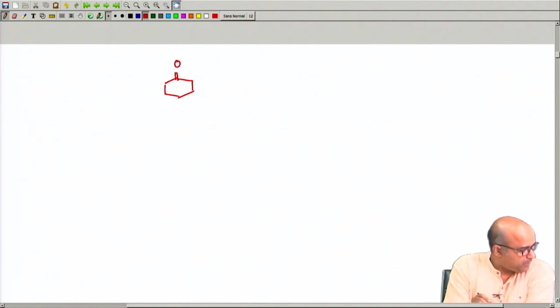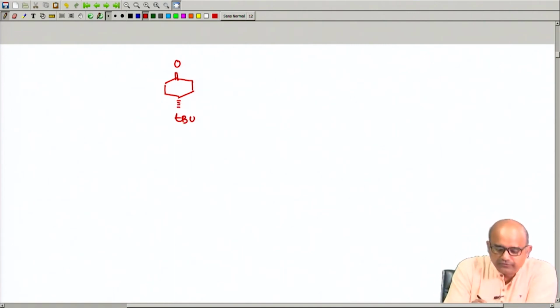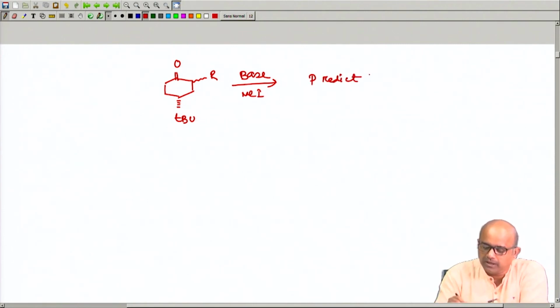Let us say you have a compound where you do have a tertiary butyl group in the 4 position, and you have a stereo center here, but that does not matter, because anyway you are going to destroy the stereocenter. You take base as LDA and you react with methyl iodide. You predict the product, and mainly you have to explain it.